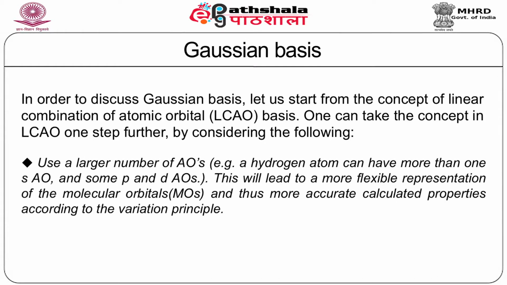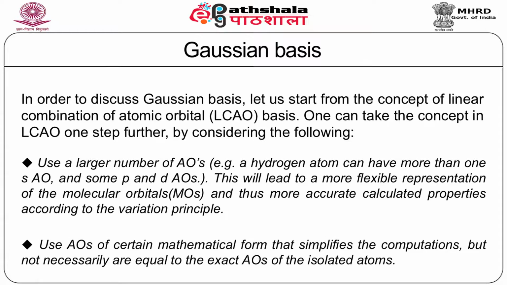Firstly, use a number of atomic orbitals. For example, a hydrogen atom can have more than one s atomic orbital and some p and d atomic orbitals. This would lead to a more flexible representation of the molecular orbitals and thus more accurate calculated properties according to the variation principle.